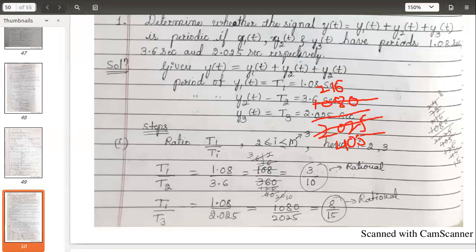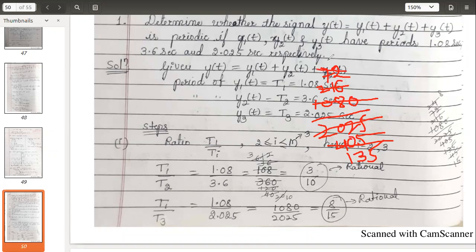9 is divisible by 3. 405, 4 plus 5 is 9. Yes, both are divisible by 3. So 3 7s are 21, 3 2s are 6, 3 1s are 3, 3 3s are 9, 3 5s are 15. Then 7 plus 2 is 9, 3 plus 1 plus 5 is 9.